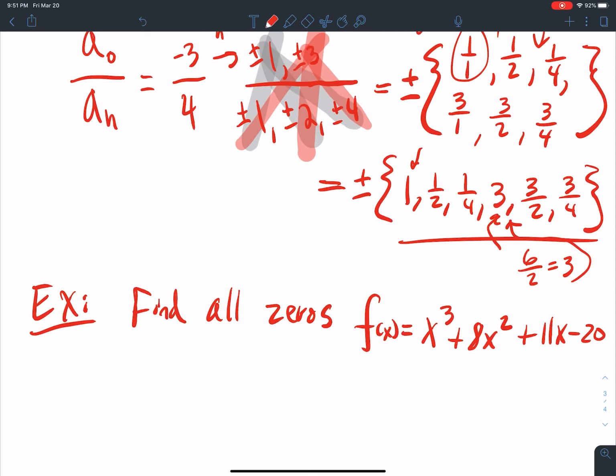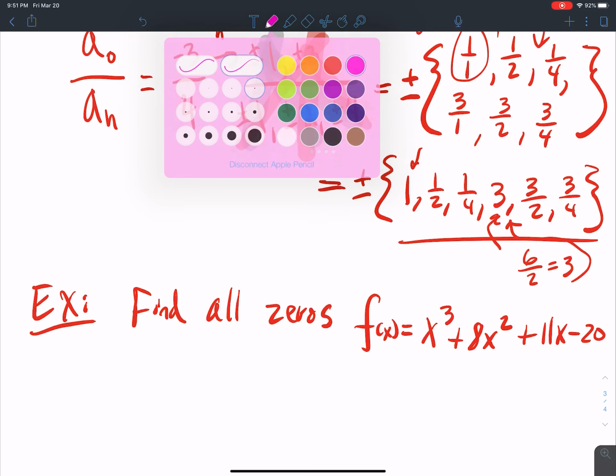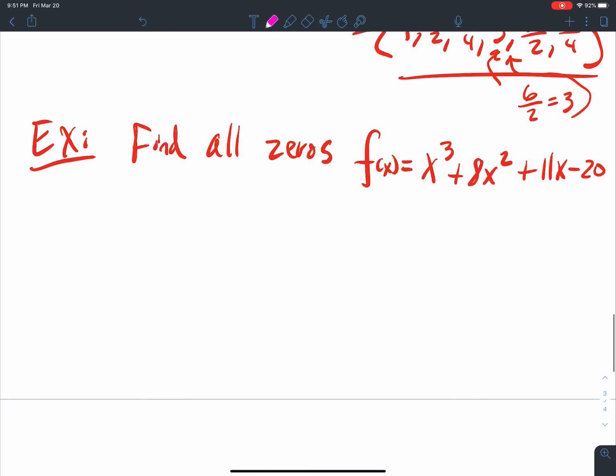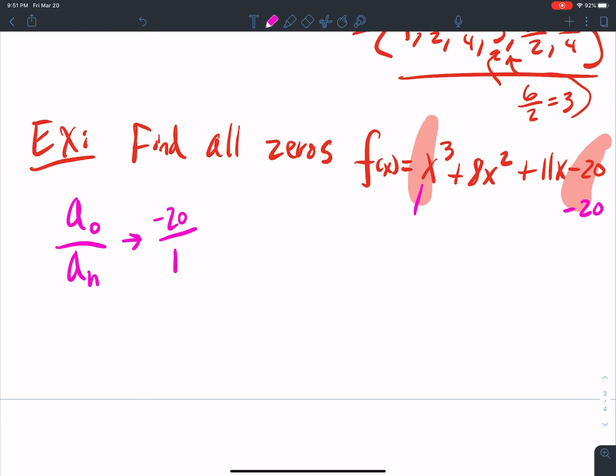Okay, so I look at the coefficients. Coefficient here is a 1. Coefficient here, or the constant, is a -20. So it's the constant over the lead coefficient, which gets me factors of -20 over 1.